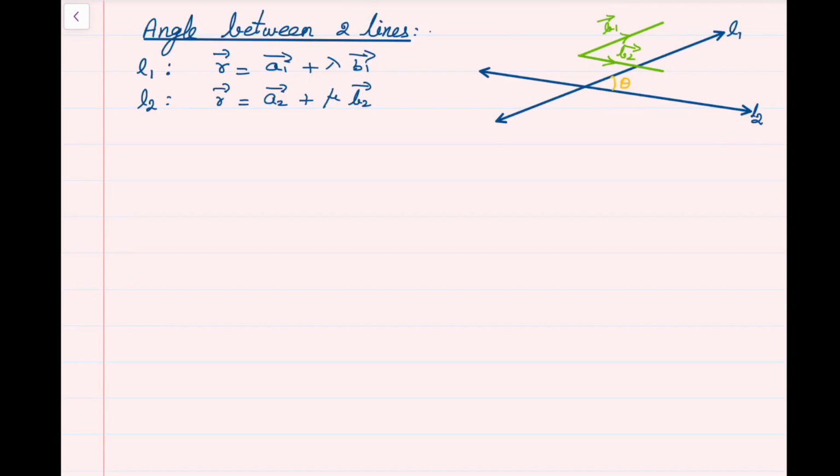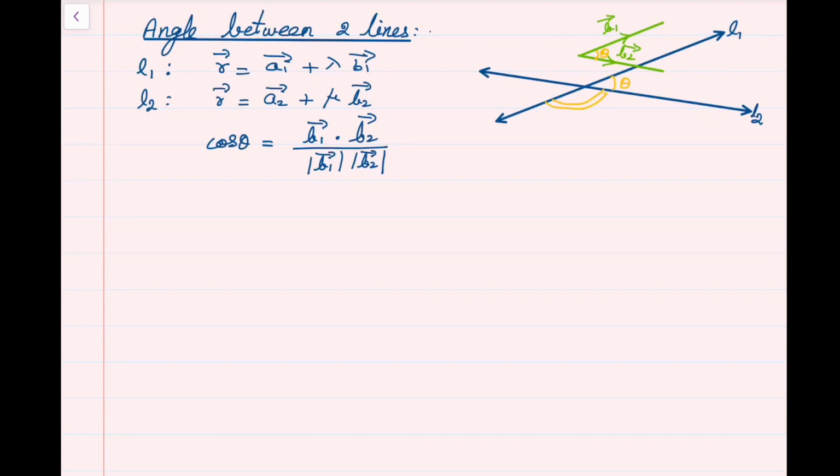To find the angle between the given two lines L1 and L2, we can find the angle between these two parallel vectors, vector b1 and b2, which are parallel to the given lines. Corresponding angles will be equal. Therefore, cos theta is equal to vector b1 dot vector b2 divided by magnitude of vector b1 times magnitude of vector b2. If you see the angle between two lines, one is theta, so we have two answers.